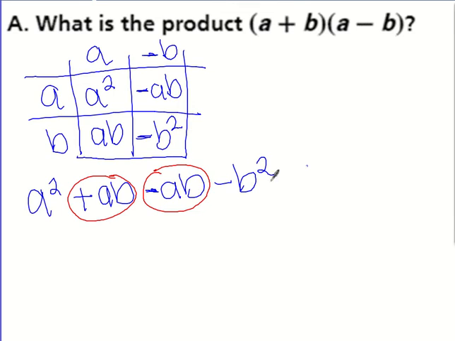The ab just disappear. These cancel each other out. And what I'm left with is just a squared minus b squared. And that's why when you have the same exact thing added and then subtracted, it's a special case, because all you have to do is square a, square b, and subtract them.